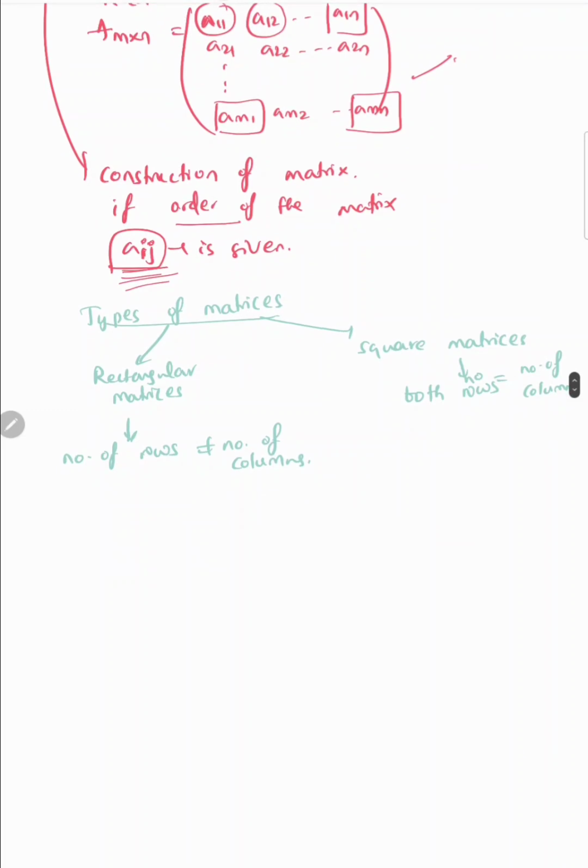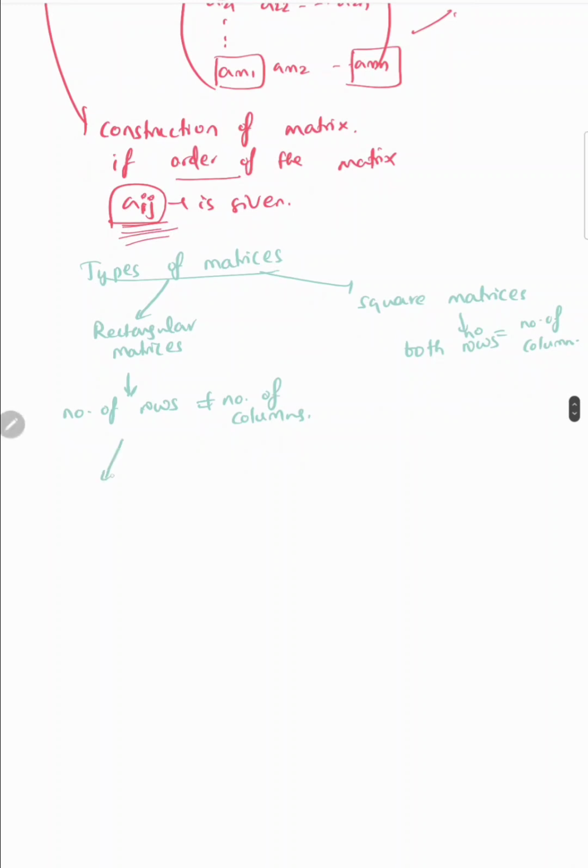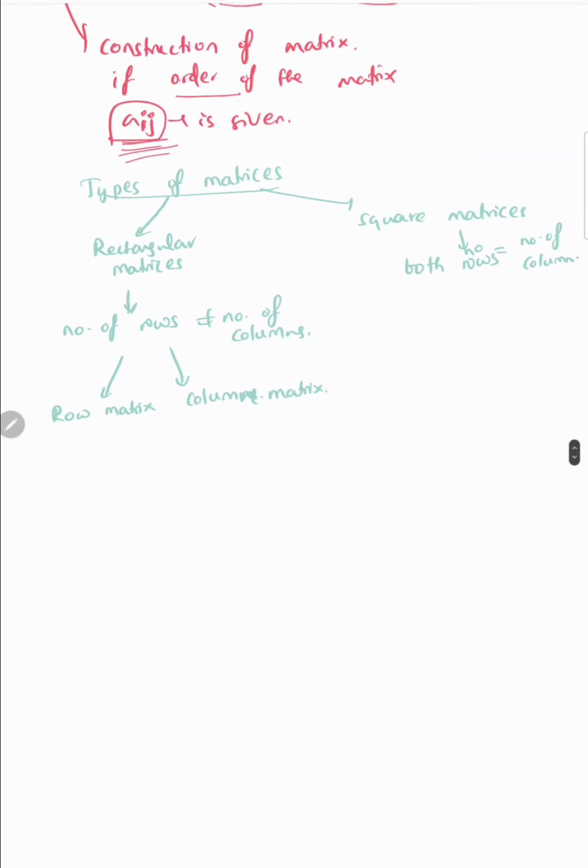We can see some special classes of rectangular matrix. They include row matrix and column matrix. A row matrix is a matrix having a single row but any number of columns.